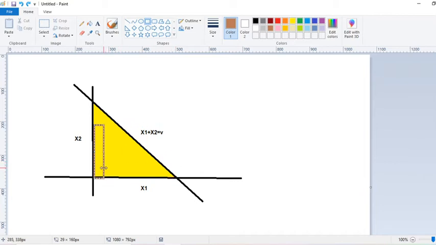At the same time, y2 can be moved from 0 to where it reaches. It reaches v minus x1.